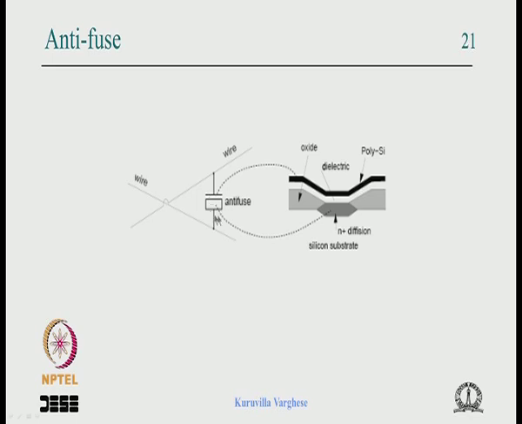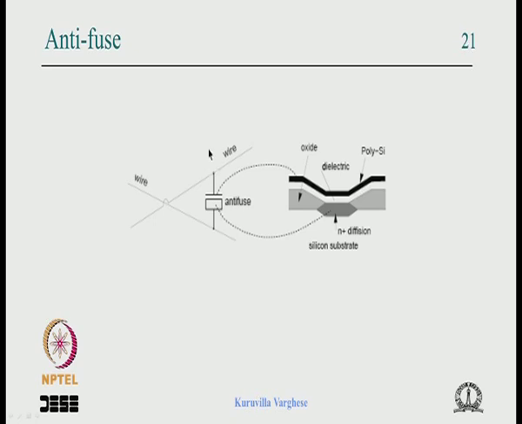It is not an active switch, it is a passive connection which is one time programmable. So it has very small area because you need to interconnect the layers of wires, so in that wire the deposit is made.